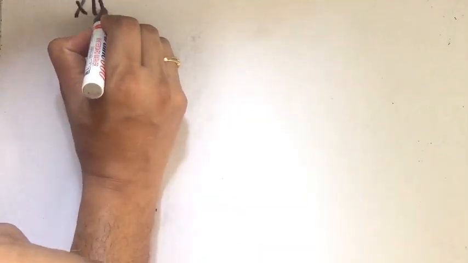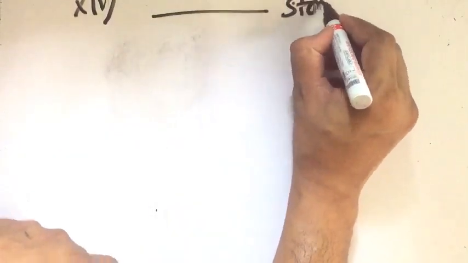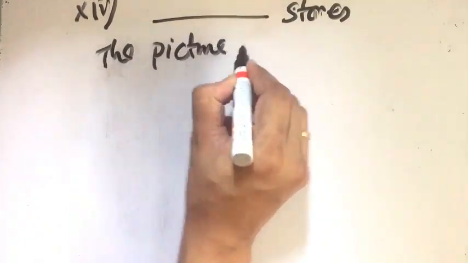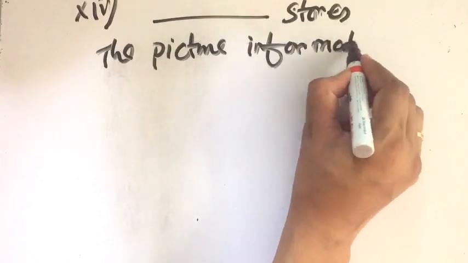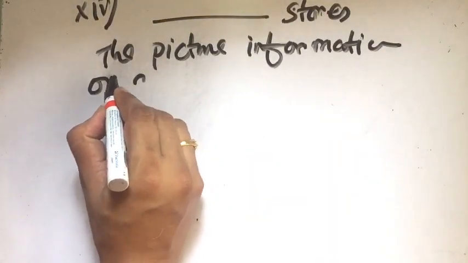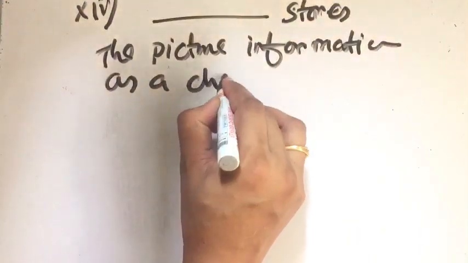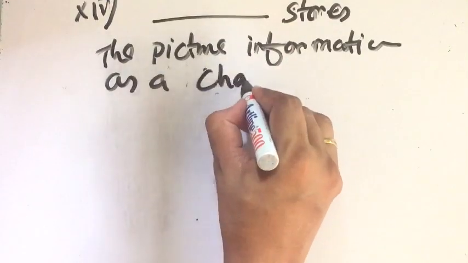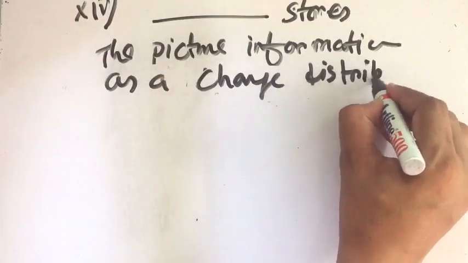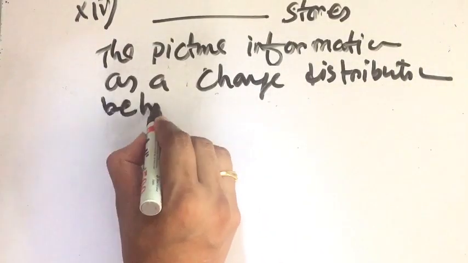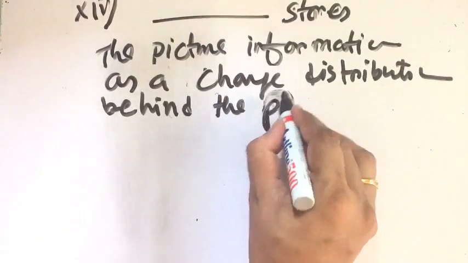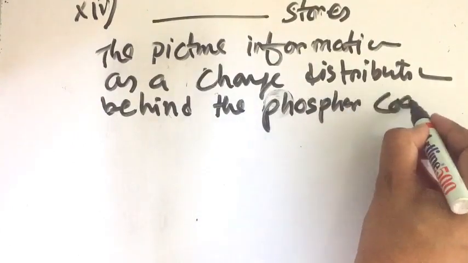And the last question of 2018. Dash stores the picture information as a charge distribution behind the phosphor coated screen.